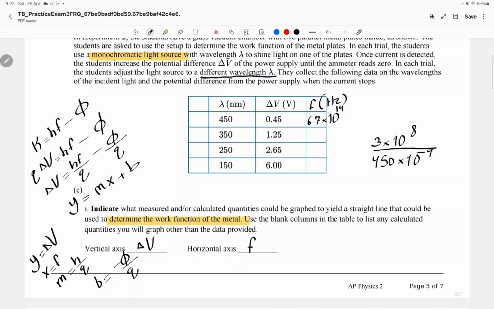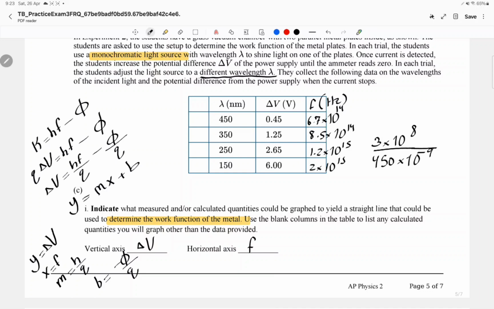I got 8.5 times 10 to the power of 14 again. And then 1.2 times 10 to the power of 15. And then 2 times 10 to the power of 15.